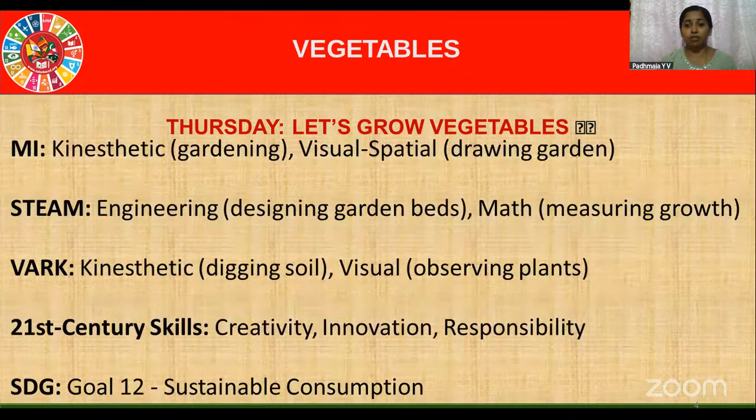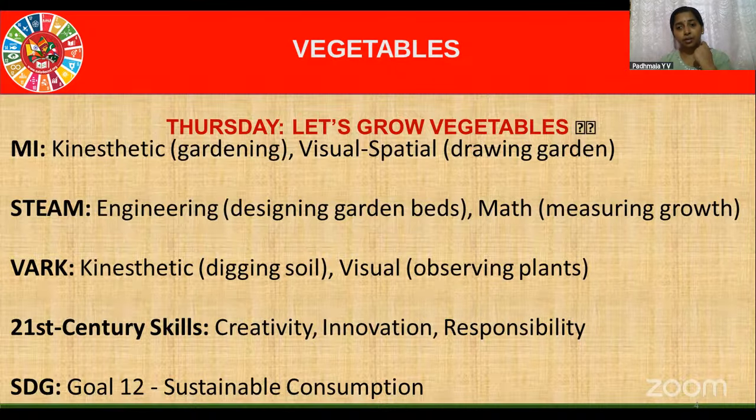On Thursday, what is it that we have covered? Kinesthetic, while they are gardening, while they are watering the plants. Kinesthetic activity is done. Visual spatial, they are drawing, they are going for a game. All these visual spatial is there.